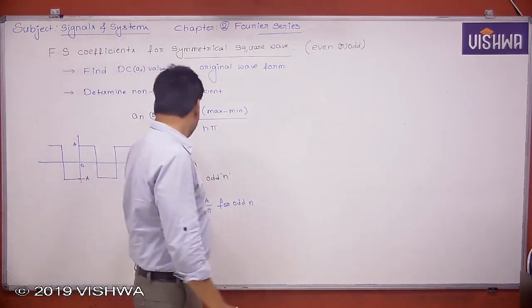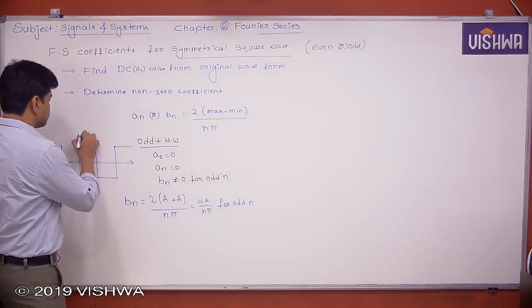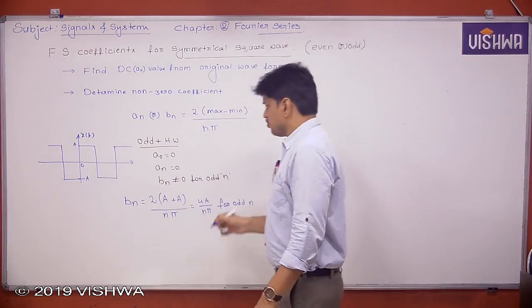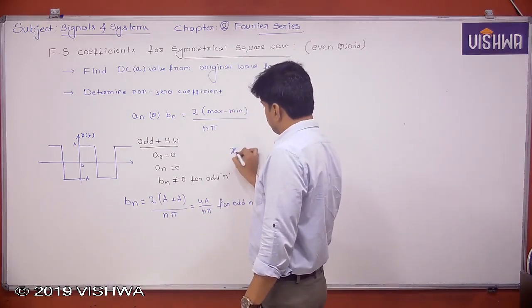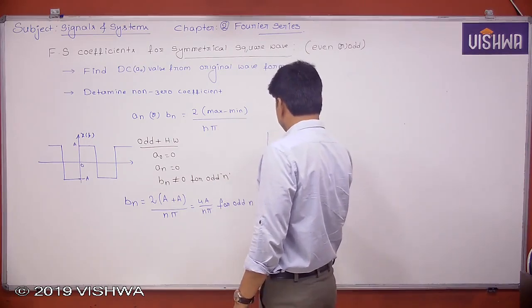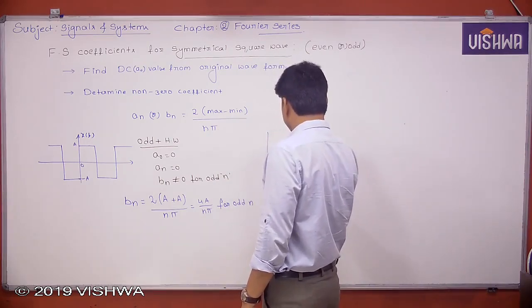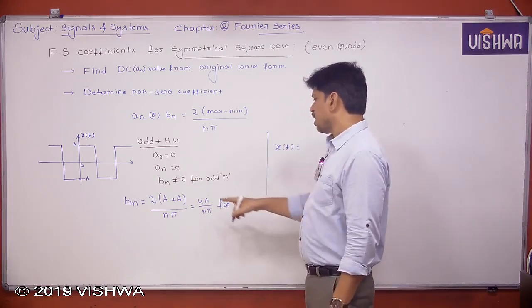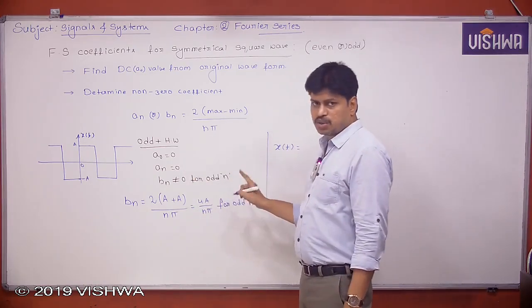Then how can we write this x of t expression? We don't have any constant value because A0 is equal to 0. We have only Bn, that means odd sine terms only.